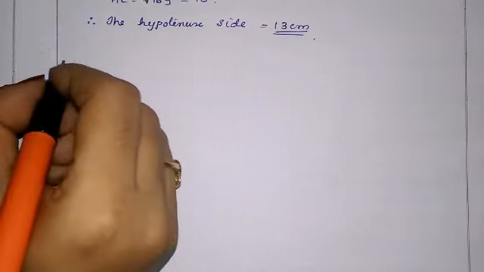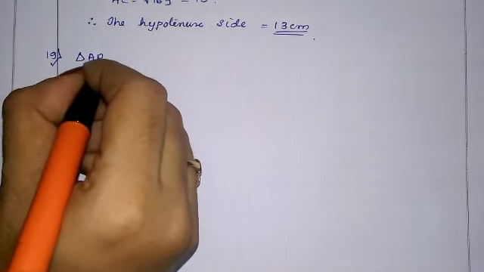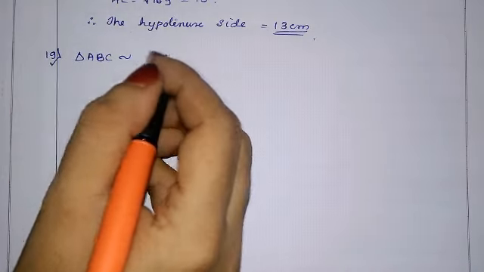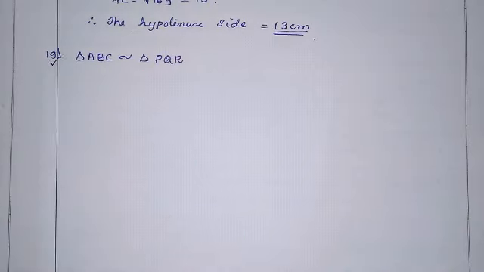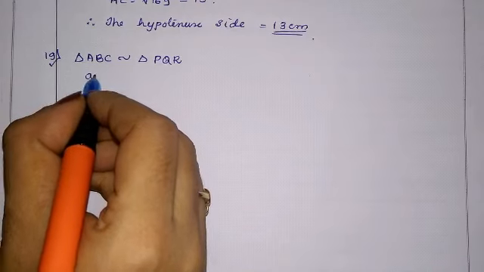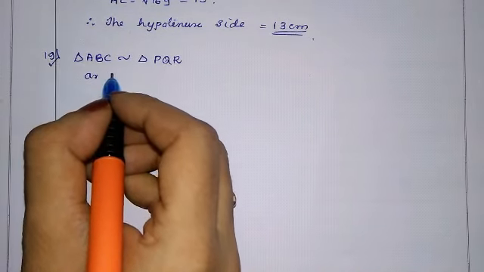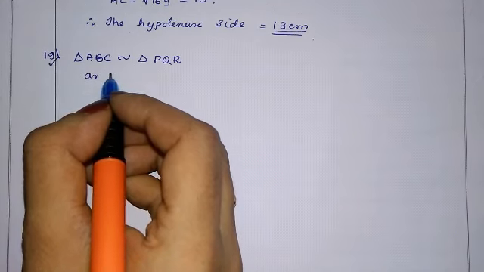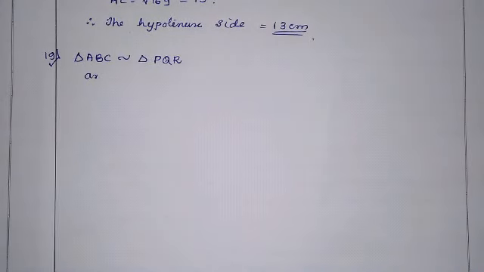Now question number 19, it is told in the question that triangle ABC is similar to triangle PQR. So we know that if the triangles are similar, then the ratio of their areas is equal to the square of their corresponding sides or corresponding altitudes. In the question they have told corresponding altitude, so let us focus on corresponding altitude.